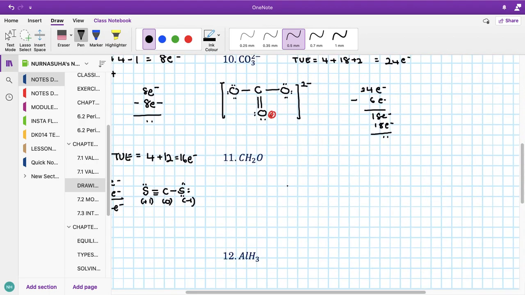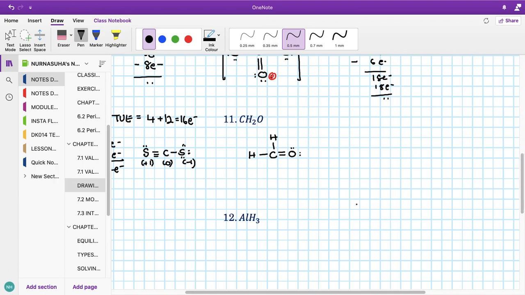For CH2O, Miss akan terus bagi dia punya jawapan. So H, C, there's a 2 hydrogen, and for oxygen, it will form double bond with carbon. Okay, this is the structure for CH2O. So if you have any question regarding this structure, how do I get this one? So PM me on Telegram.